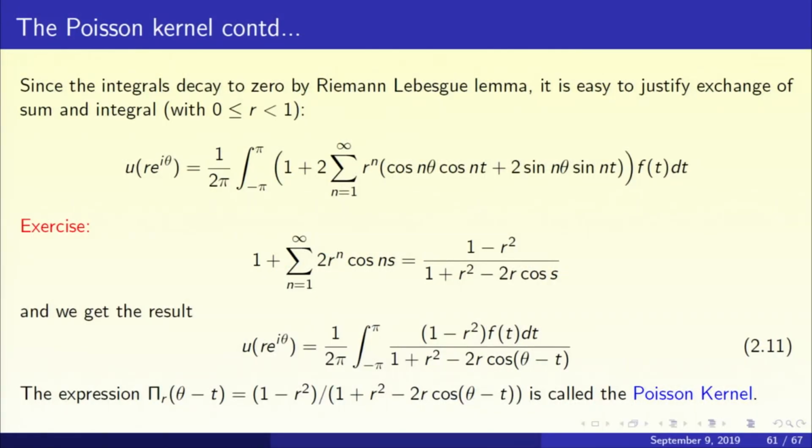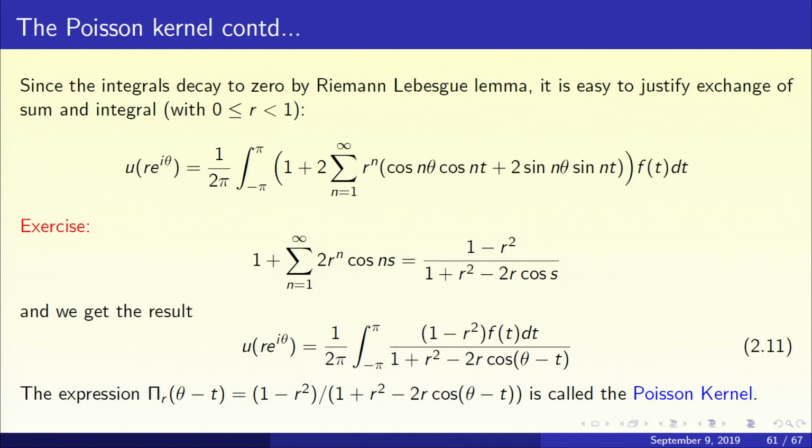We summed a special trigonometric series. So 1 plus summation 2 r to the power n cos ns is 1 minus r squared upon 1 plus r squared minus 2r cos s. That is easy to calculate, and I leave it as an exercise.